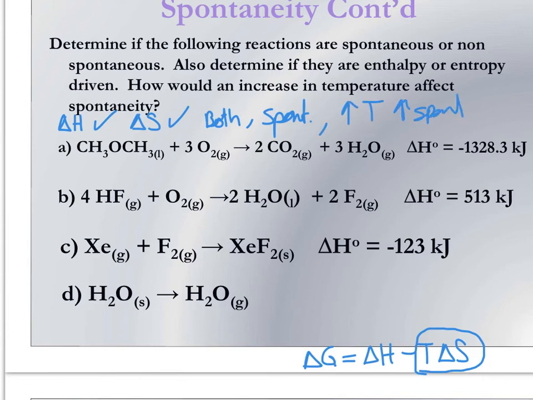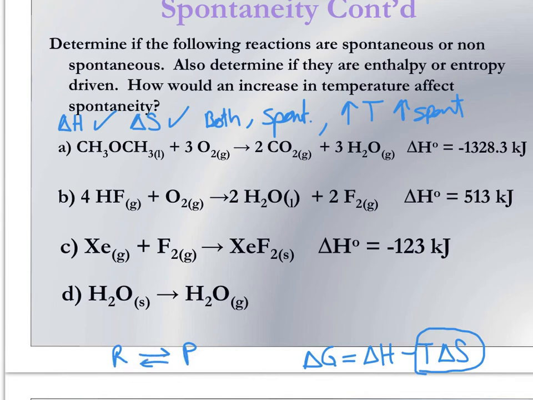What does that mean? If I have reactants turning into products, and it's a reversible reaction, reactants turn to products, products turn to reactants, right? So at any given point after the reaction is done, I have products, but I also have some reactants left. Spontaneous means I have more products than I do reactants at the end.